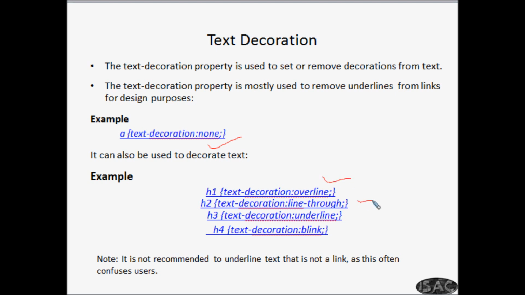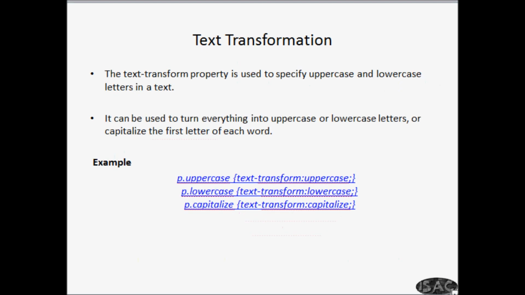If you say line through, it will have a strike like A, B, C. Overline is like this, underline is like this, right? You can use blink here, so the text will blink, but the support is not there in all browsers. Okay, let us see that example here.